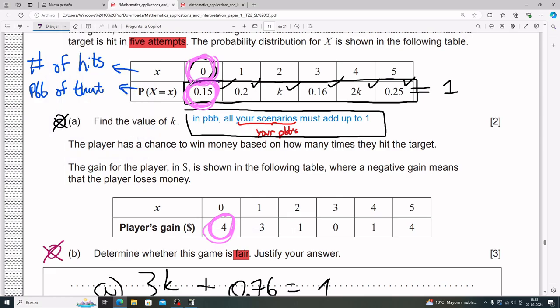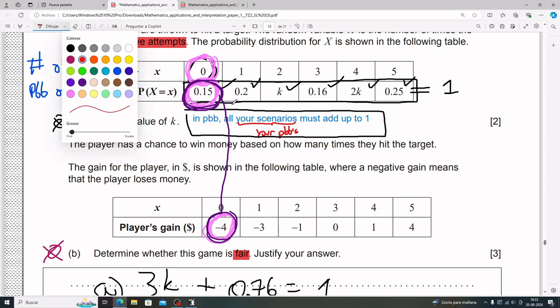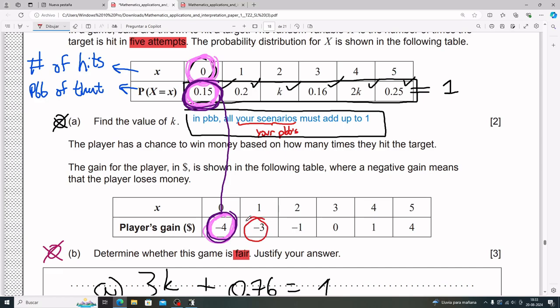The probability that you pay $4 is 15%. The probability that you pay $3 is 20%. The probability that you earn $4 is 25%. So that is what you have to do.